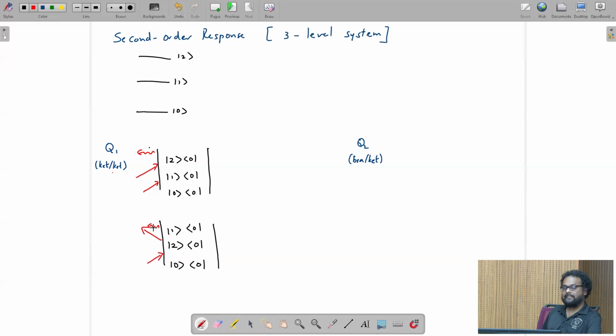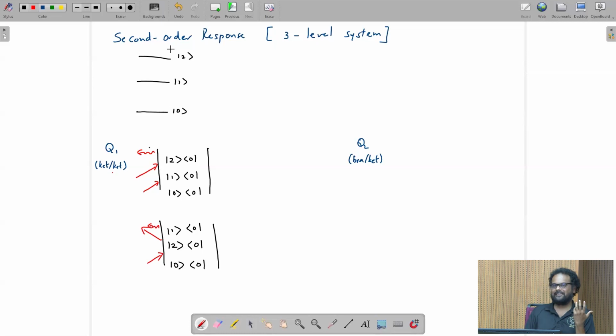A simple way to visualize the frequency at which the polarization will be emitted is just looking at the last part of your Feynman diagram. You will see that emission is happening from the coherence between the 0 state and the second state.